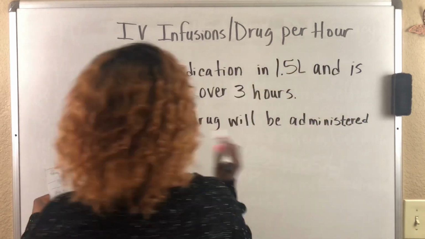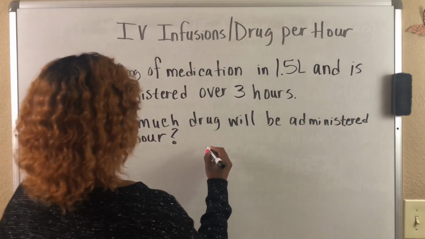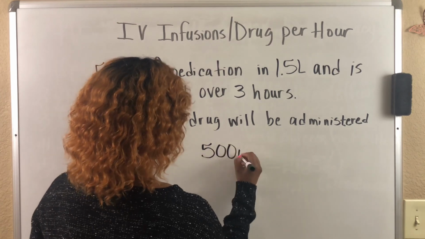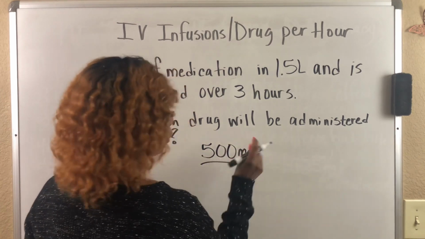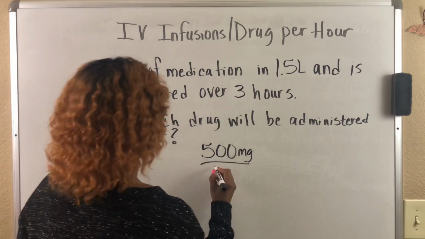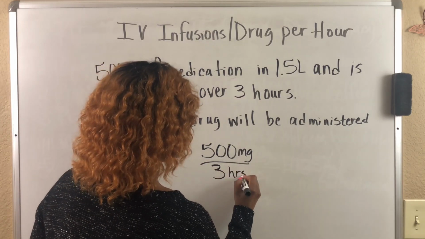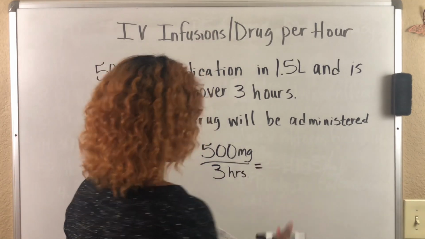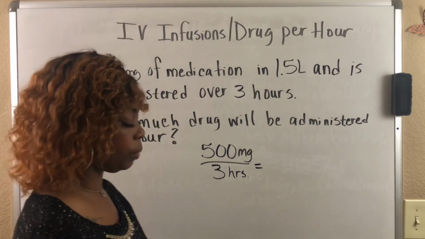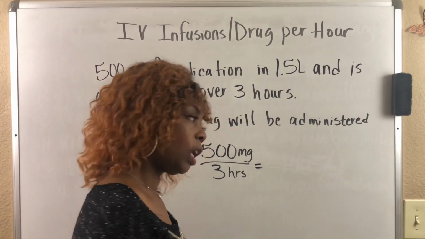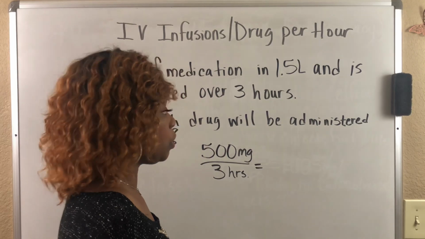All right, so we have 500 milligrams. That's our drug. And this is over 3 hours. That's how long this is going to infuse. If someone will put that into their calculator for me, please, and thank you. I already have done that as well.